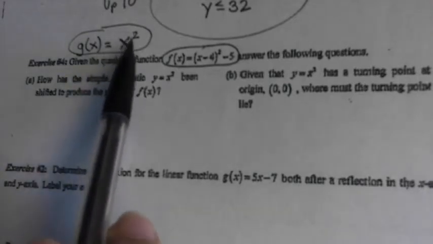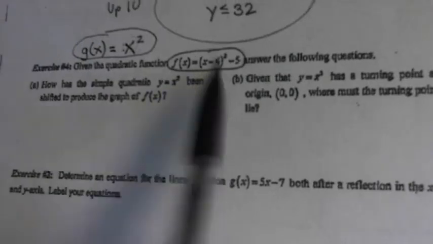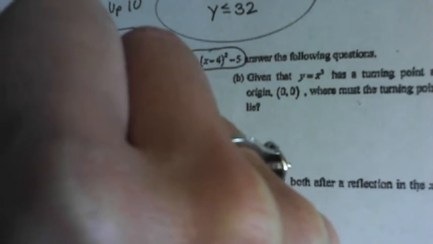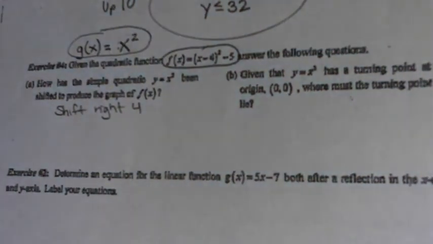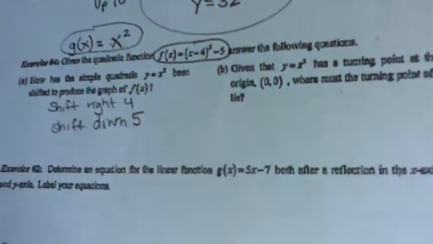So because it's kind of within the x squared, that's your horizontal shift right 4. And the -5 is after the fact. We go with that? So the -5, given that it's outside of the parent graph main equation, means it's a vertical shift down 5.